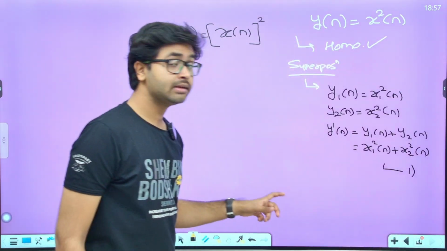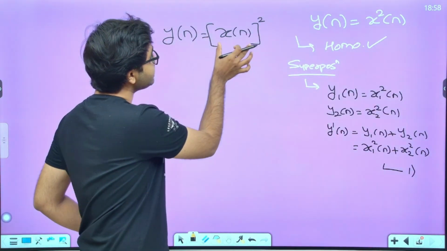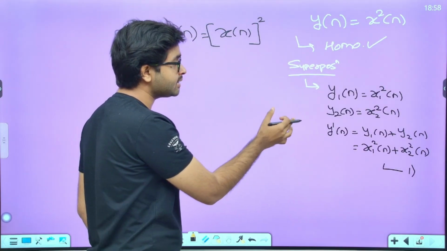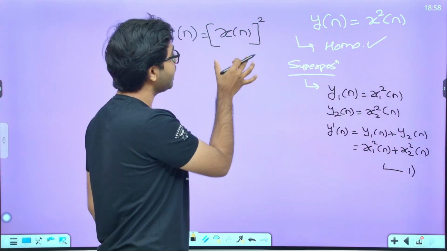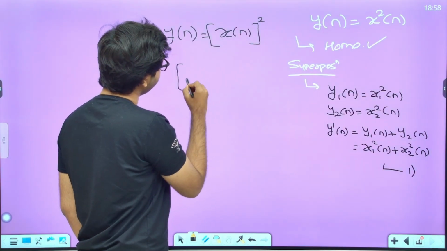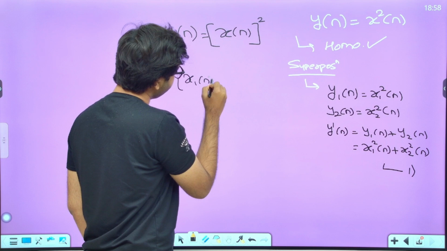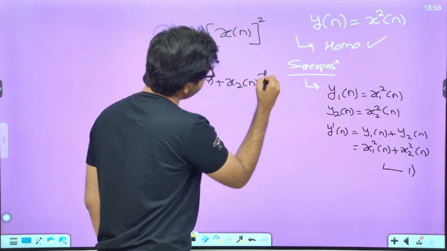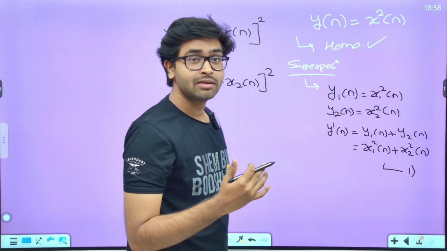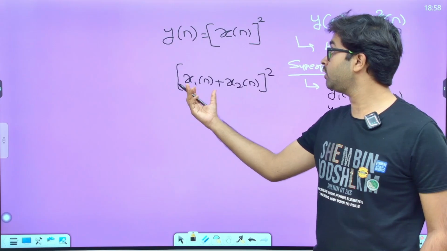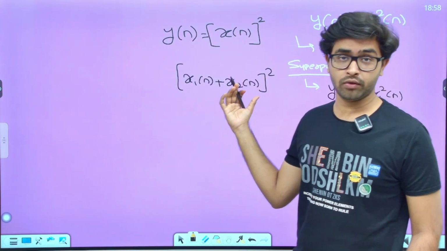But in this case, this will not happen. Till now, in the previous example and this example, all the process is the same. But here, once I change x of n with x1 of n plus x2 of n and its whole square, this equation will change. Its whole form will change because this is an (a plus b) whole square kind of equation.